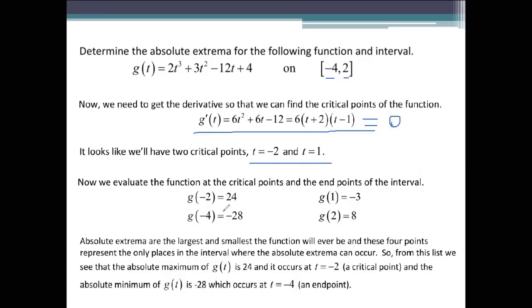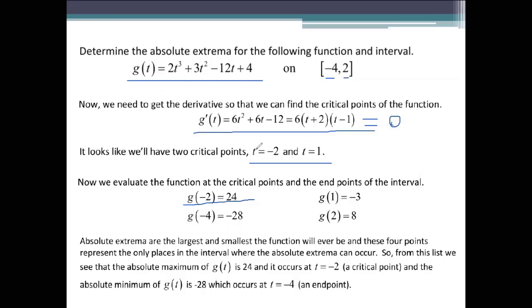So let's put t equals -2 into the function, and g of -2 is 24. If we evaluate, g of -4 will be -28. This is for the endpoint. And for the second critical point, g of 1 is -3.